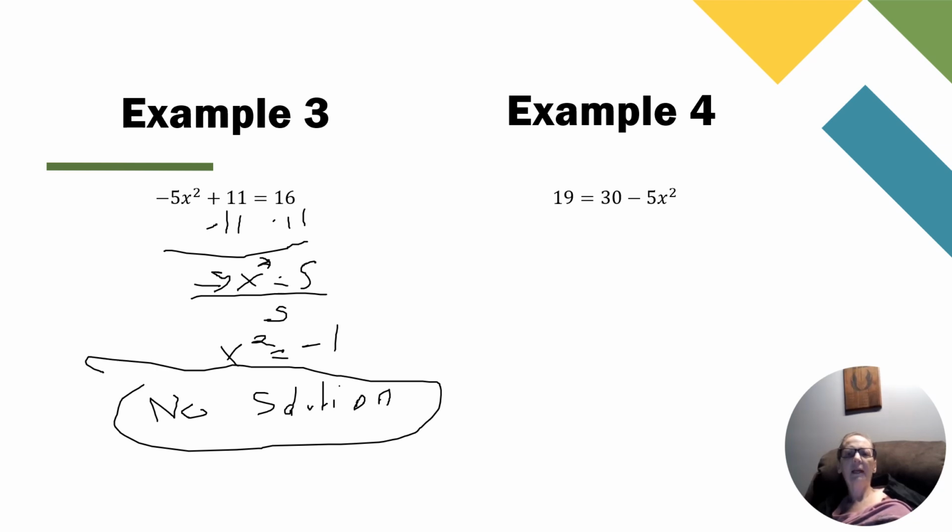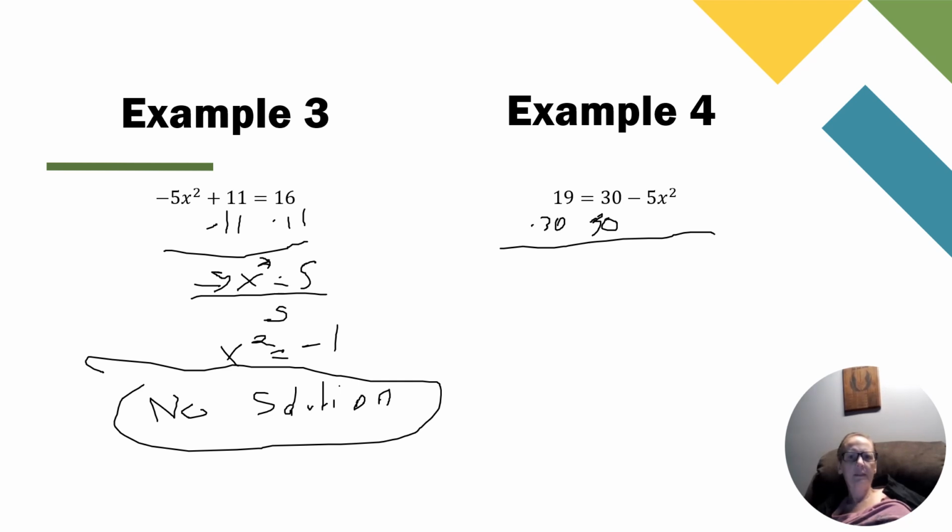All right, and example 4. It's kind of all mixed up. I'm going to move the 30 over here. It doesn't matter what side things are on. We'll turn it around a little bit.